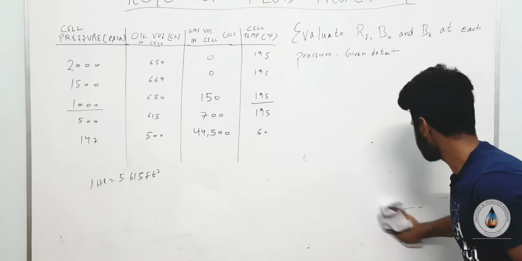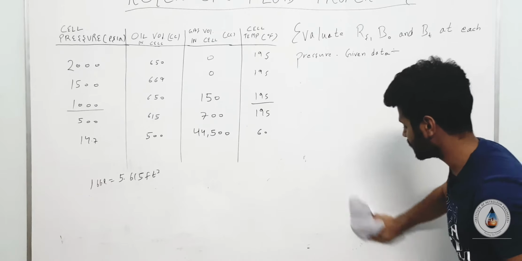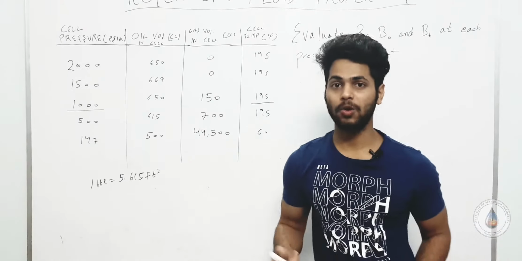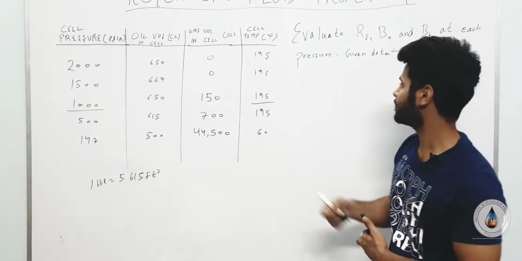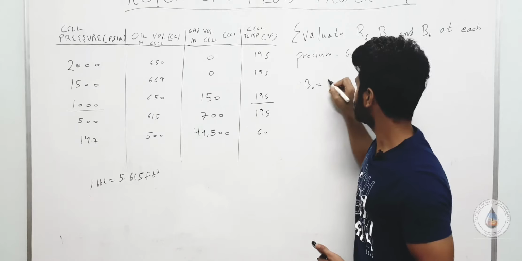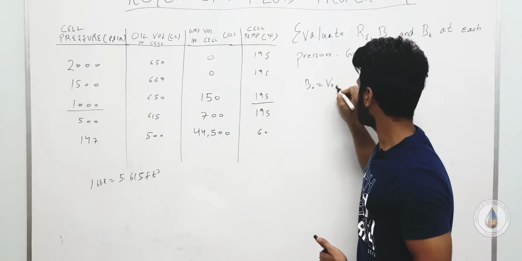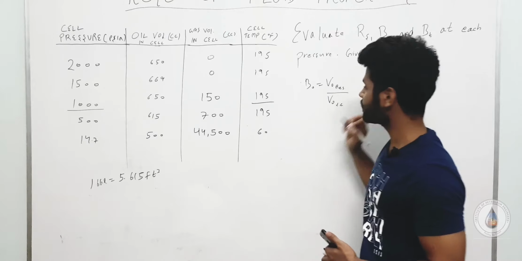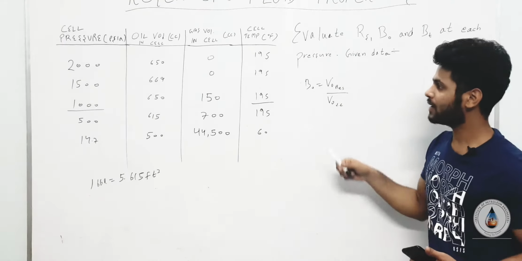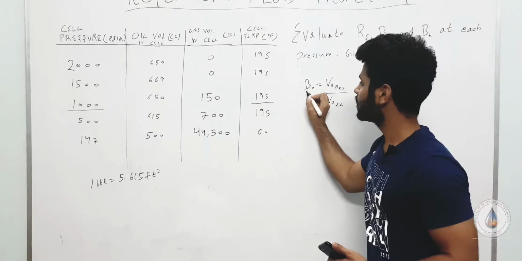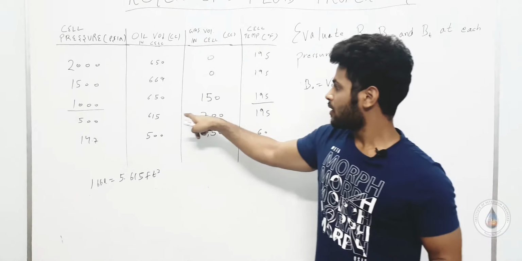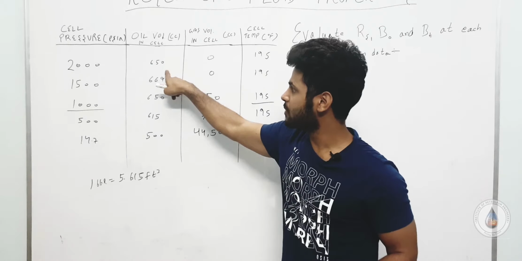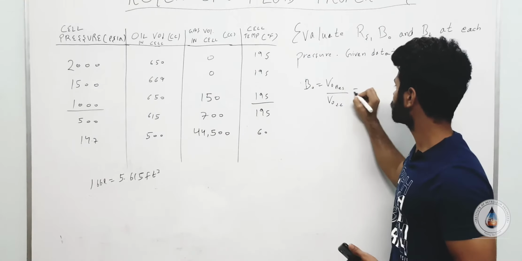So we have discussed in past lectures, B naught is basically volume of oil at reservoir conditions upon volume of oil at surface condition. Now volume of oil at reservoir condition, if you see here, for this particular value it will be at 2000 psia.